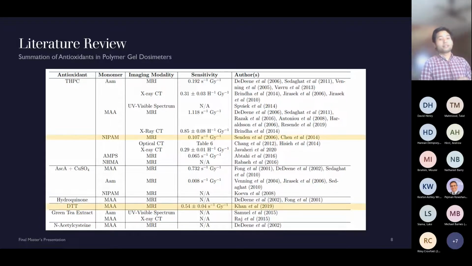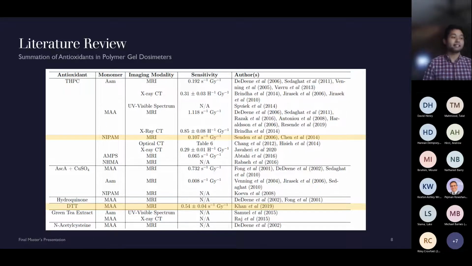What I'll be focusing on is these 2 right here. So we've got the NIPAM monomer with the THPC antioxidant in MRI, and I'll also be looking at DTT with methacrylic acid, which is what MAA stands for, also using MRI.